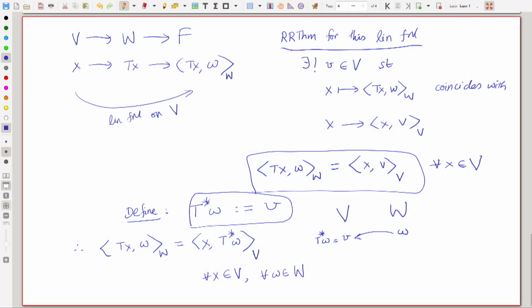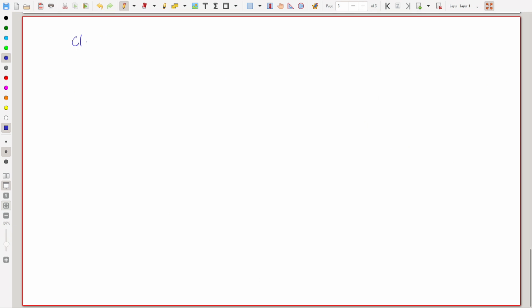So let us prove that this map that we have constructed here is linear, and that is just going to come from this uniqueness. This uniqueness is very important. So let's prove it. The claim is T star is linear. Let me just show additivity and leave the scalar multiplication.